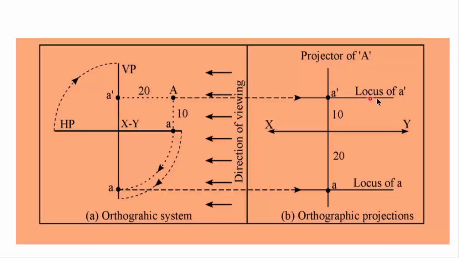The second term is locus. A horizontal line, or a line parallel to XY line, passing through a particular view is known as locus. Thus, a line passing through A dash we will call locus of elevation of A. Similarly, the line passing through a, we will call locus of plan of A.